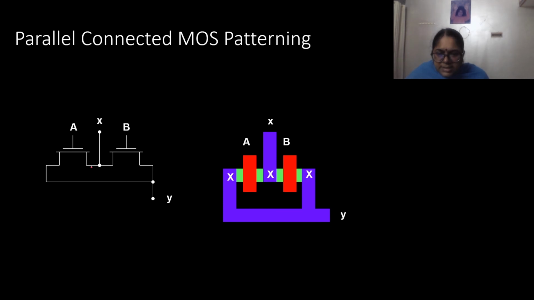Similarly, if two transistors are in parallel, then you have the same diffusion, two polysilicons cutting, but you can see in the middle that there is a contact using some metal has been used. So here you can see this transistor A and transistor B connected to input X through the metal. The other side of the transistors are shorted using the metal and output Y is taken.